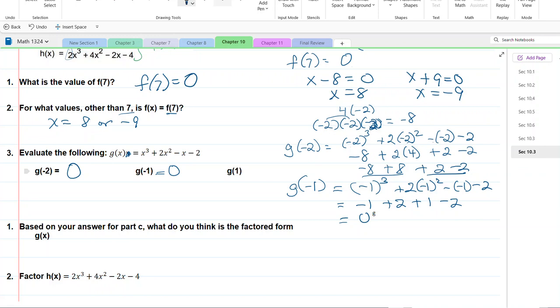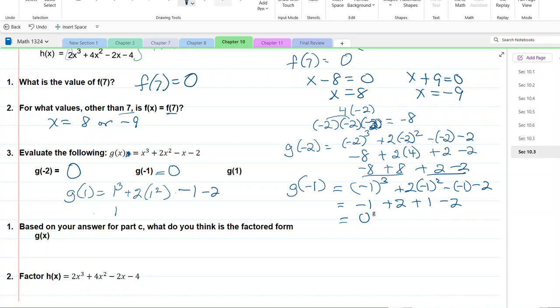All right. So guess what 1 is? Well, 1 is the same thing, isn't it? Well, let's find out. So I have g of 1 cubed plus 2, 1 squared, minus 1, minus 2.